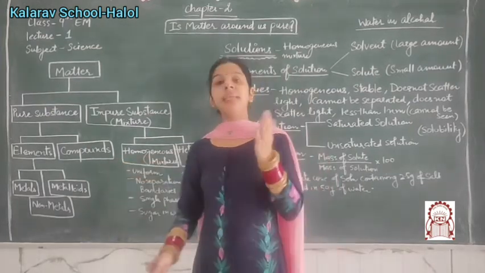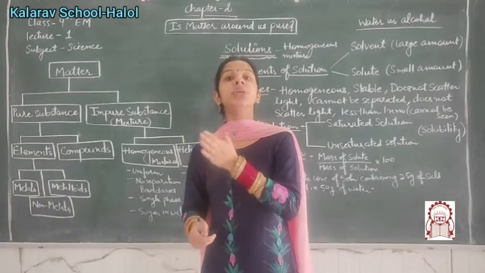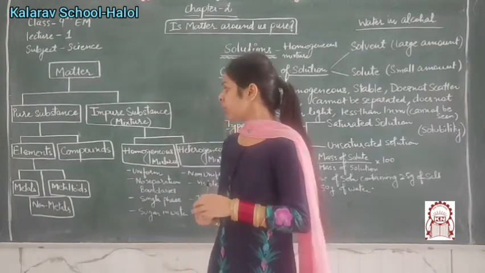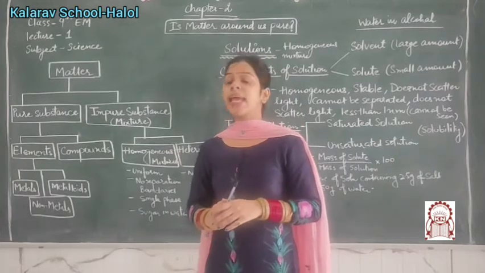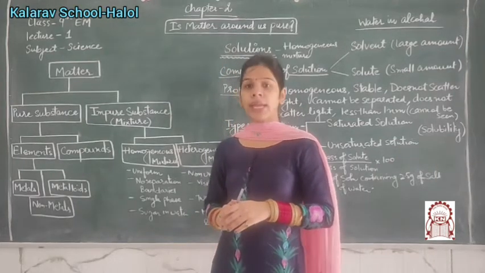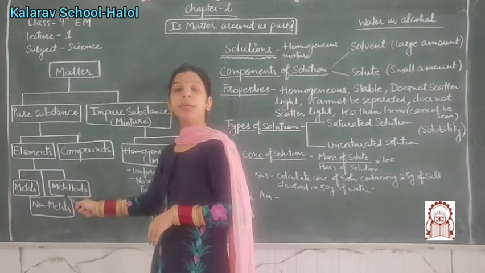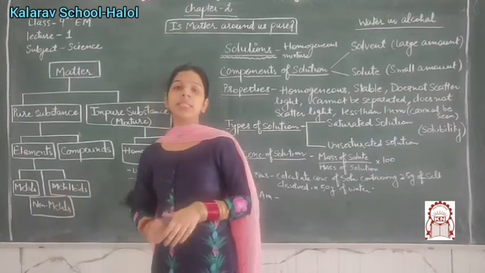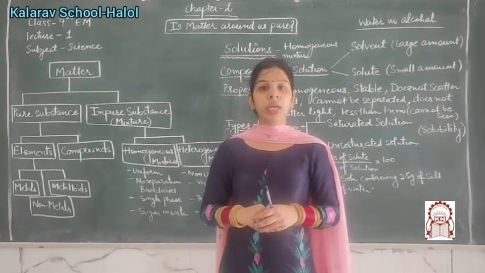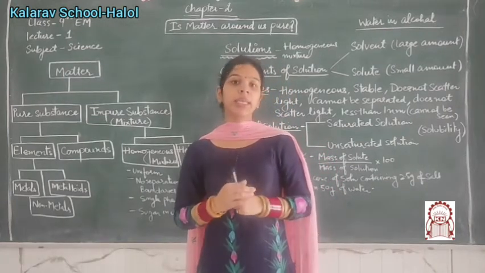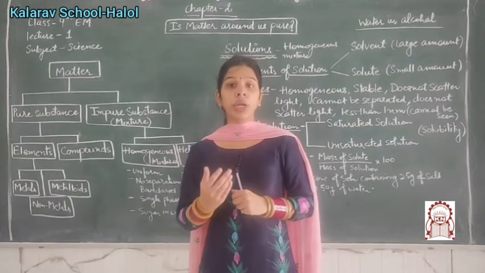Compounds can be separated into their constituent elements by certain chemical methods. Elements can be further divided into three categories, that is metals, non-metals and metalloids. Metals are the substances which are good conductors of heat and electricity, which are shining in nature, which are sonorous.